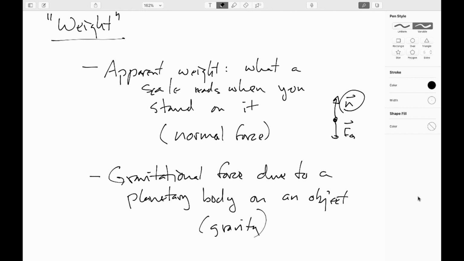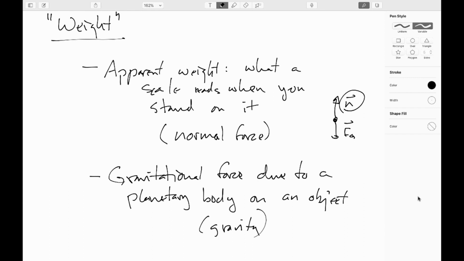This is why I like writing F sub g instead of W. It also has the added bonus that we're going to run into a quantity called the work later, and so that makes it notationally a little less confusing. But my attitude is to just call it what it is.